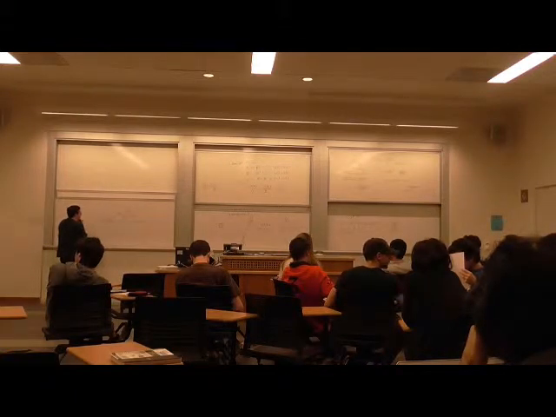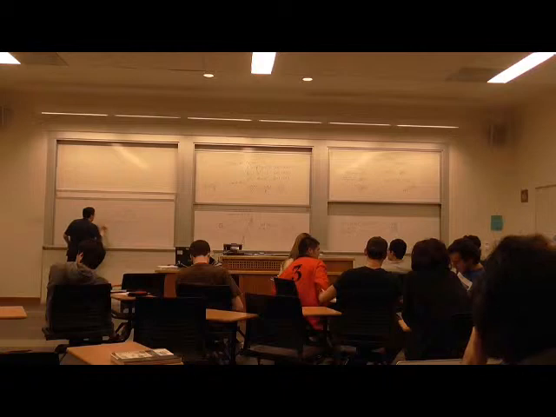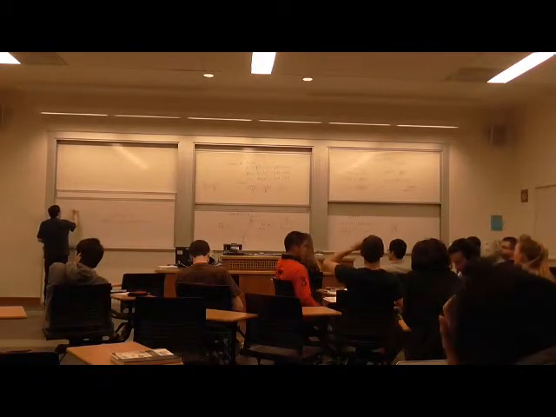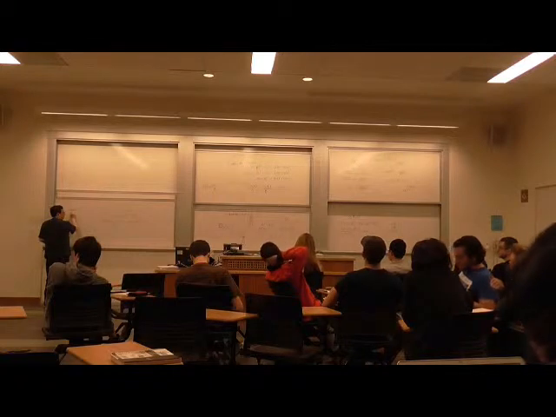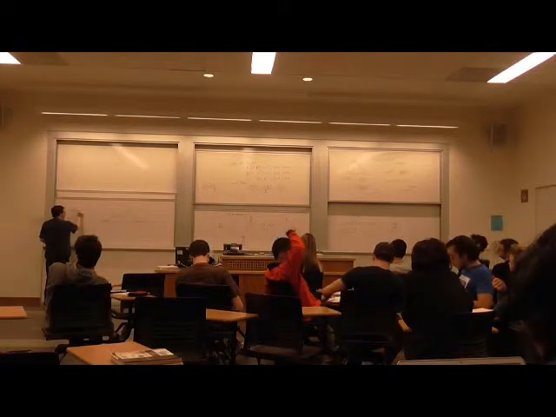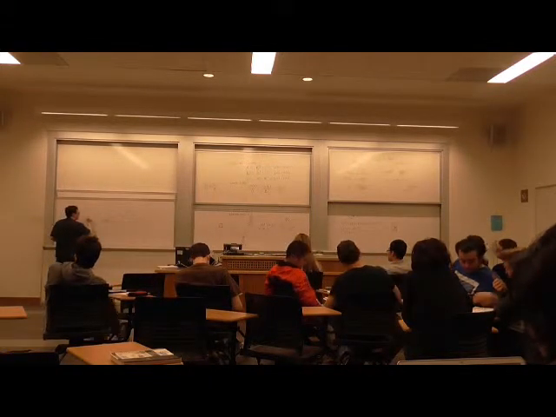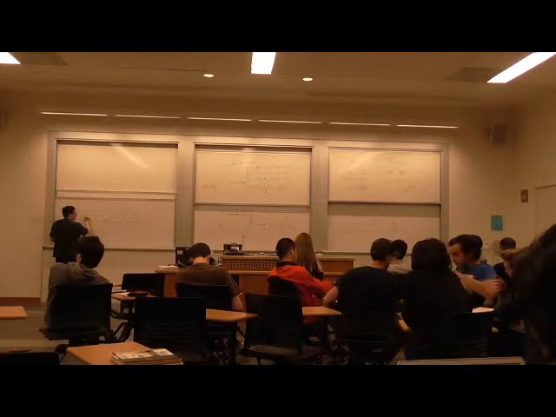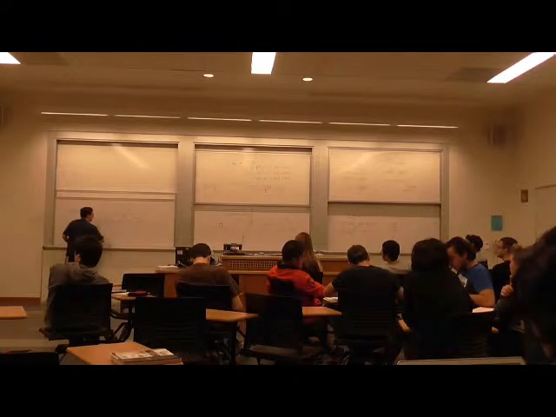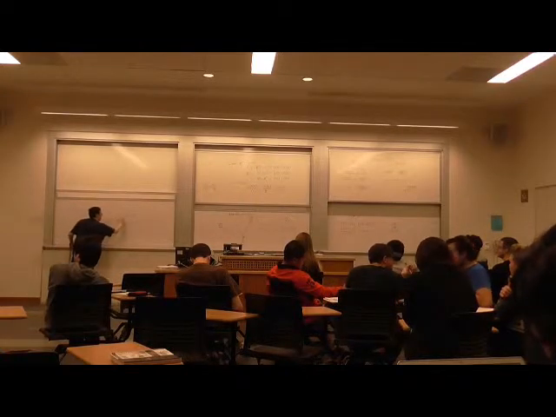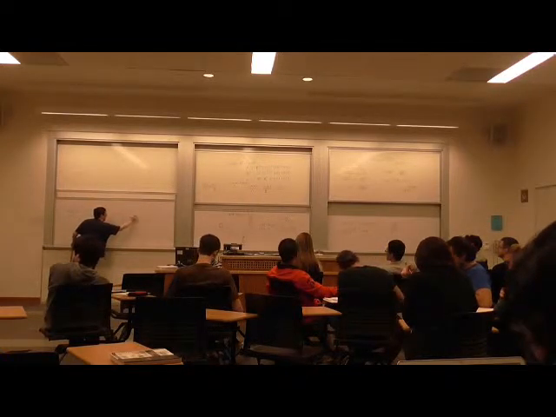So the law of sines says that sine of 23 over 10 equals the... Isn't it 5? Yeah, it's 5. Sine 23 over 5, all right.